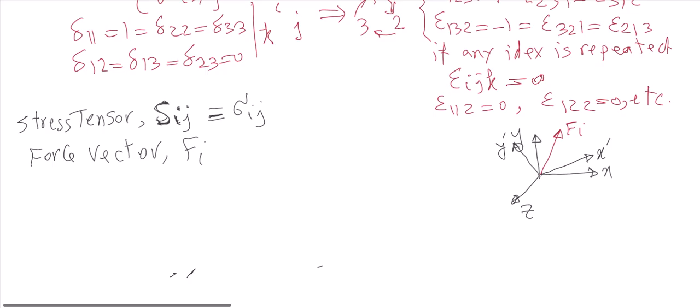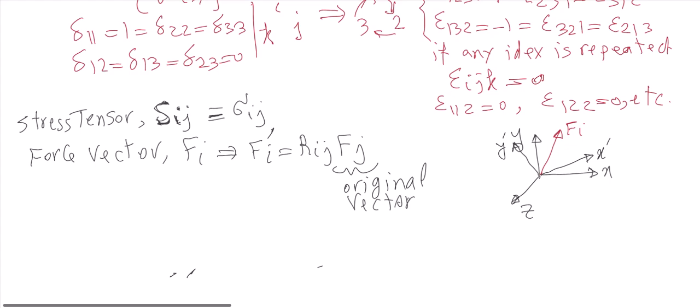Now, if I do that, then after rotation, let's call it f prime, f prime i is r ij fj. So this is my original vector in x, y, z coordinates.